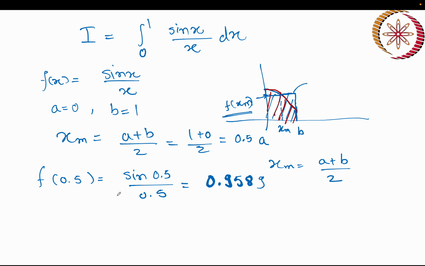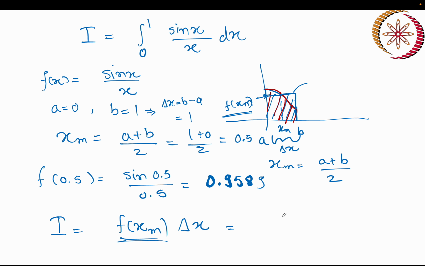Okay, and you can see that whatever approximation we have made is nothing but the rectangle. So the integral can be approximated as the mean value into this delta x. So let's say this is the delta x, and delta x here is b minus a, which is nothing but 1.